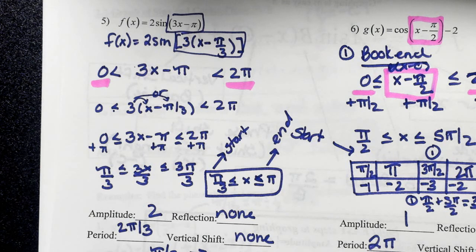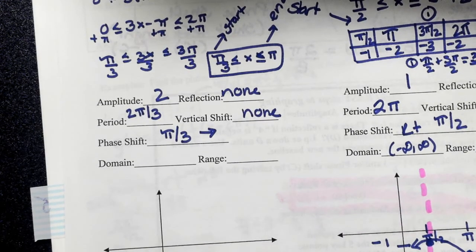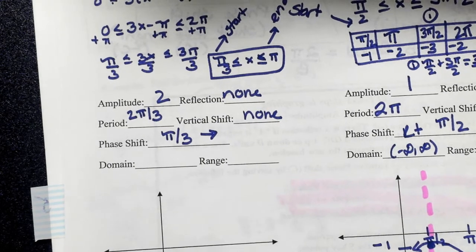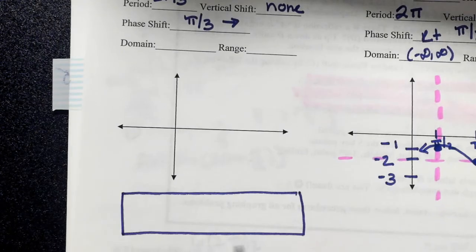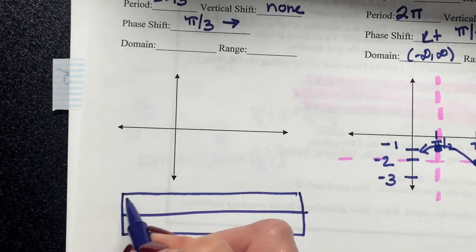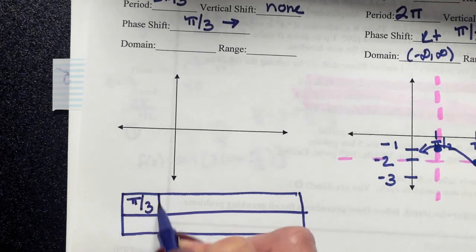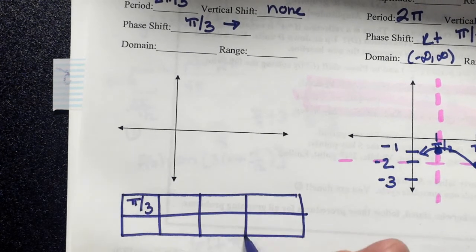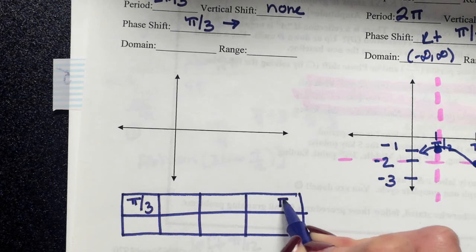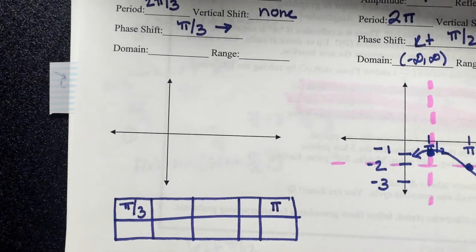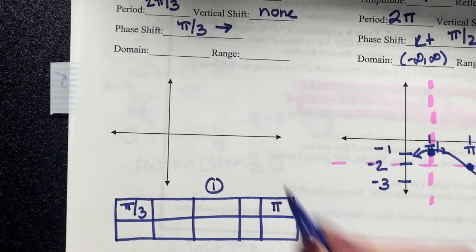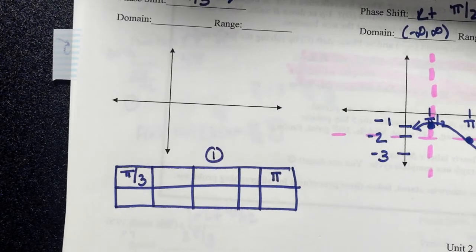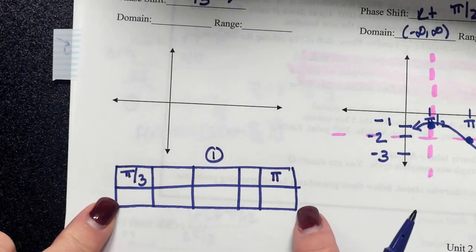All right, so now let's take a look at the x values. So again, I'm starting this particular cycle at pi over 3, and I'm ending at pi. So we have to find the midpoint. So what's going to be halfway between pi over 3 and pi?